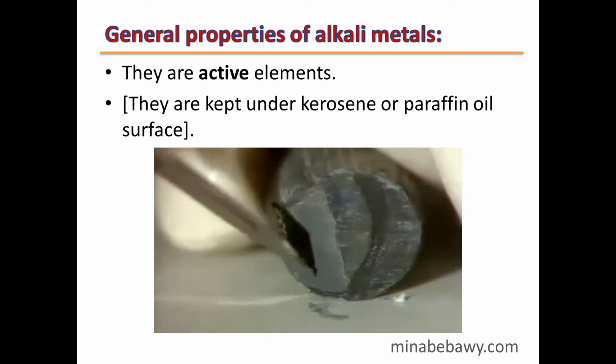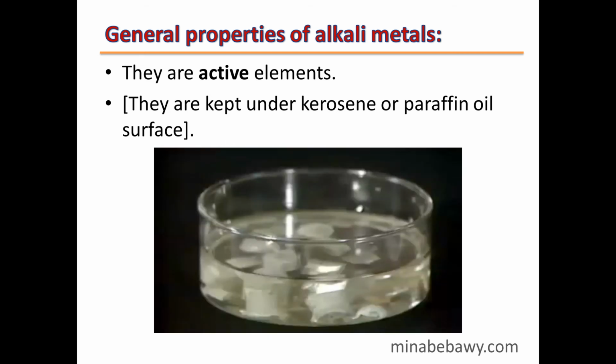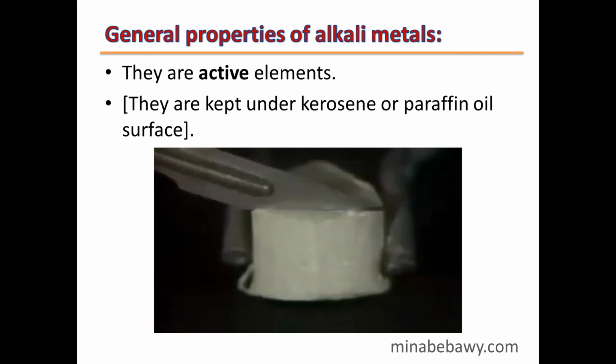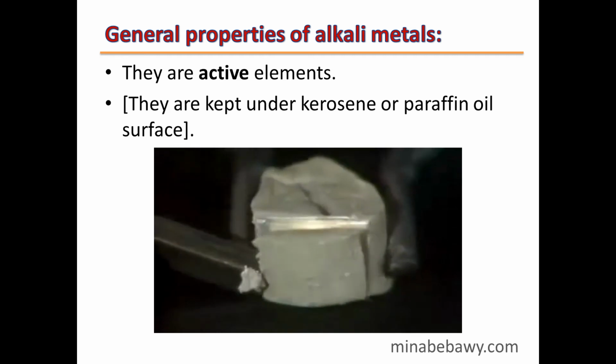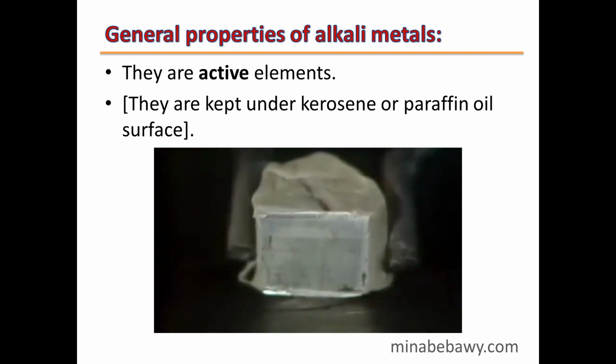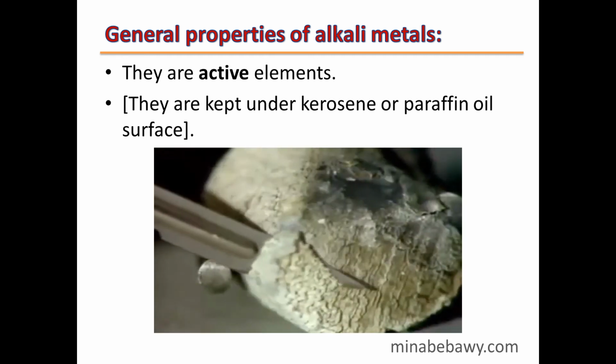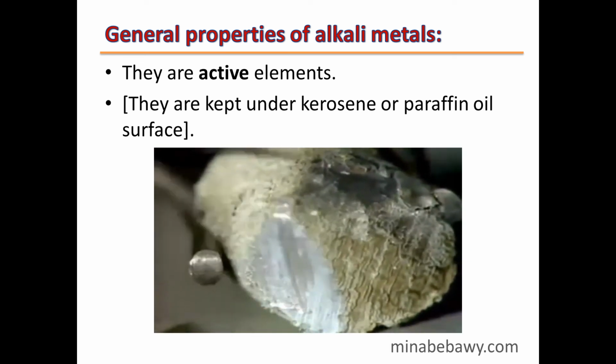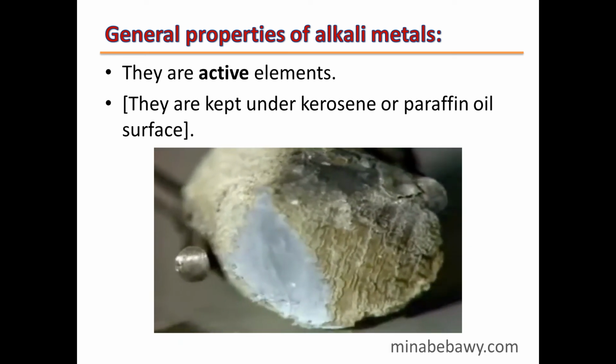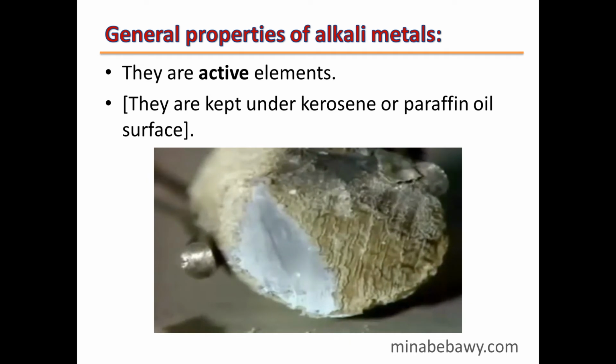This is because lithium is an active element, so it will react with atmospheric oxygen. The same is done with sodium, but in a faster way. Potassium forms a layer of rust faster than that formed in sodium and lithium.